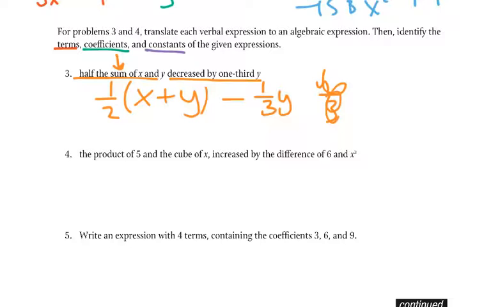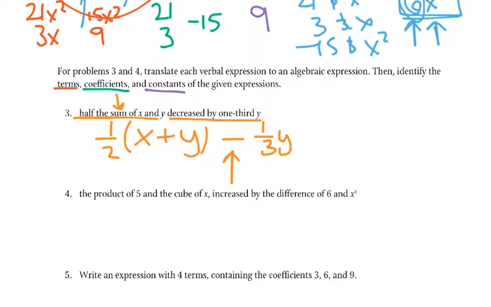The question is, do we put it on the outside of the parentheses or on the inside of the parentheses? But the way I'm reading it, I think we got it right here. The half the sum of x and y, then that is decreased by 1/3 y.